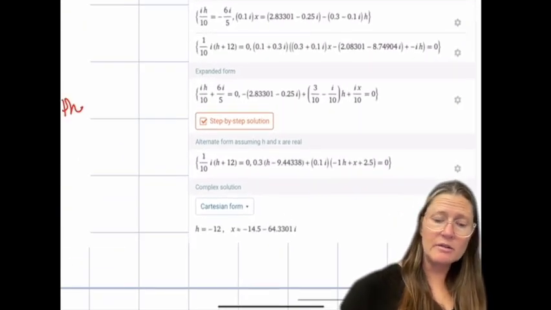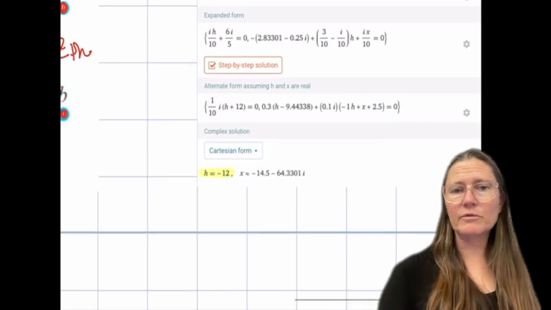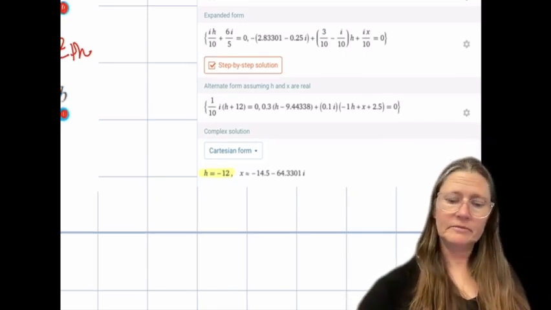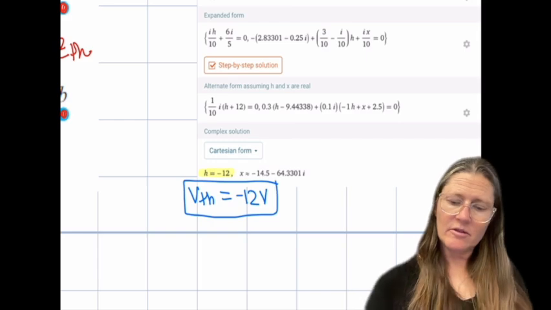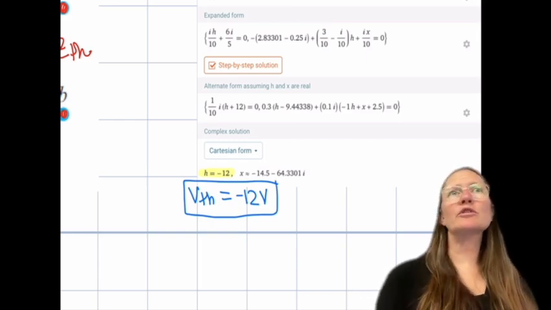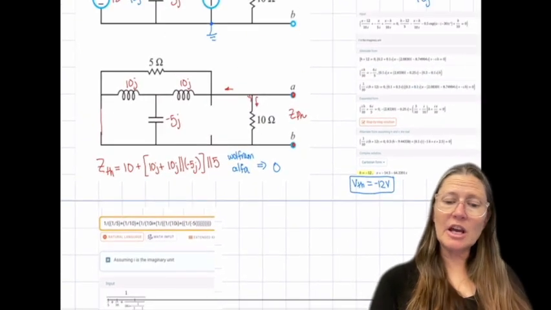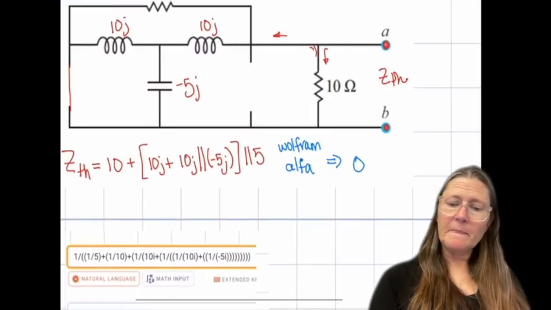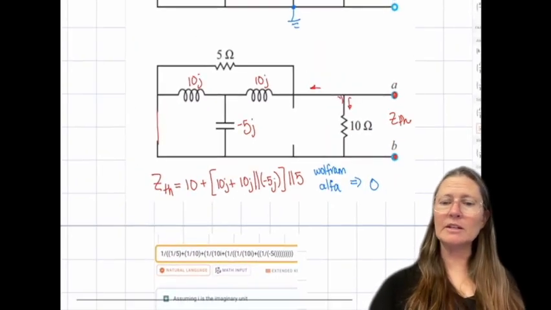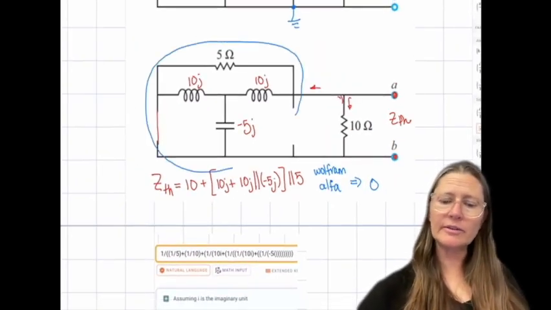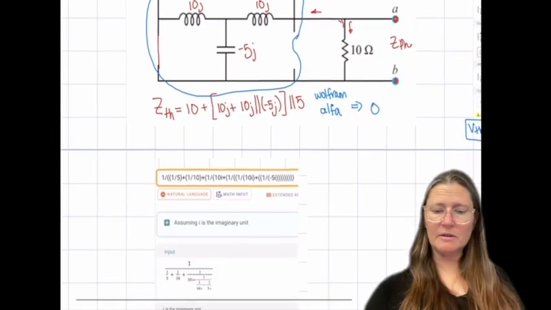So using Wolfram Alpha, that ends up being that my VTH is minus 12. So this is my VTH. So it has no complex component to it. And then for ZTH, I have the 10 ohms in one branch, and then everything else can be combined into the other branch. So I have to combine all this. Oh, sorry, this is going to be 10 in parallel.